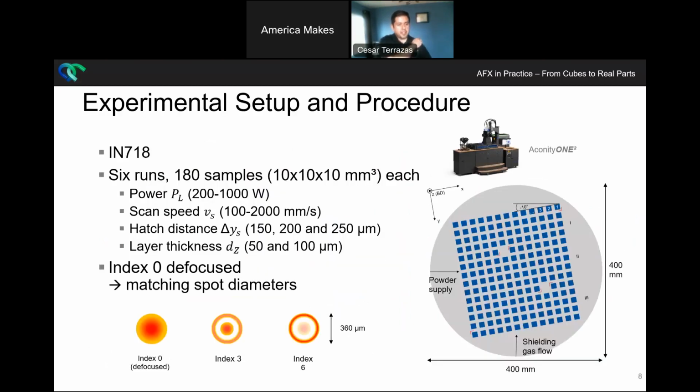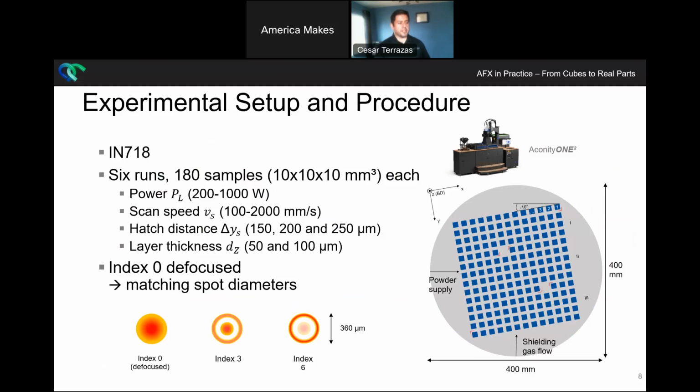Going directly into that parameter study, the experimental setup employed the Aconity 1 squared, which is the legacy system in Germany, basically the second iteration of the Aconity 1, the first production machine commercialized by Aconity. You see the layout of the components that were built, all of them using Inconel 718 as the material.